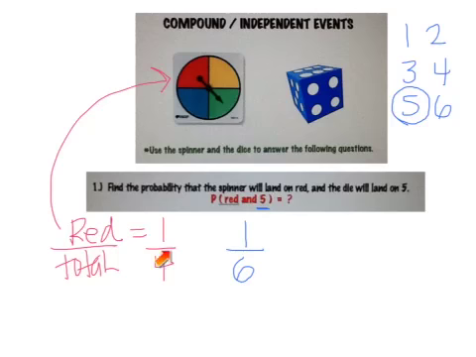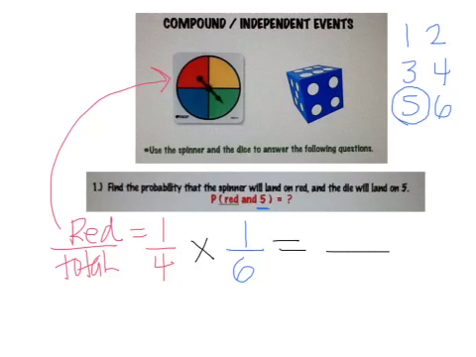Now if I want these two things to happen together, one right after the other, we talked about multiplying these two probabilities together to get the whole entire thing. You can, of course, make a tree diagram, but that will take you a lot longer. So this is kind of a shortcut way.